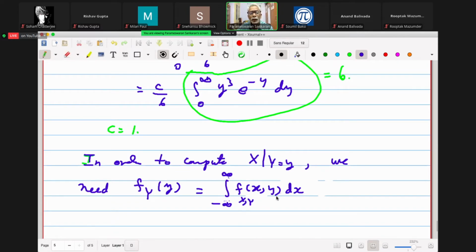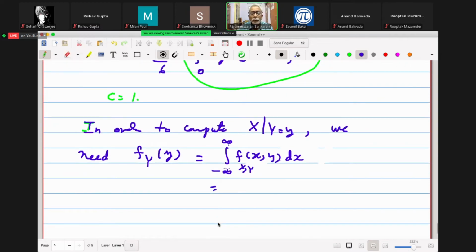It's understood that the f is suitably modified. Mind you, integration is with respect to x because this must be a function of y. If we make a mistake, we'll find out ourselves.